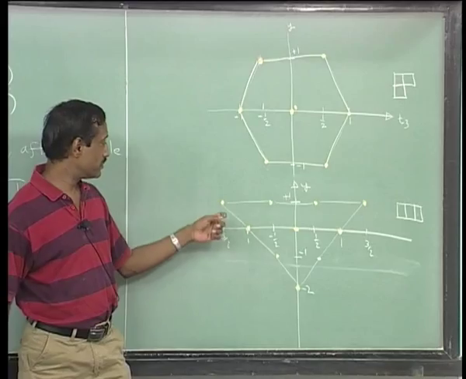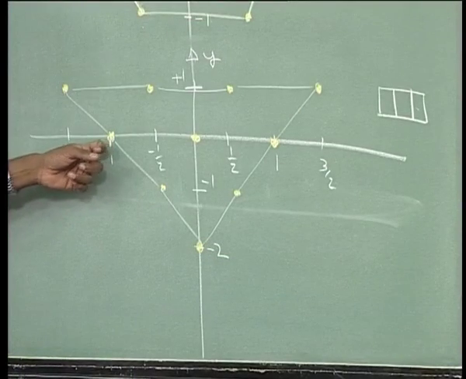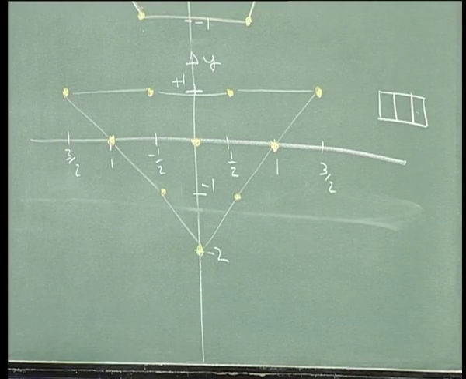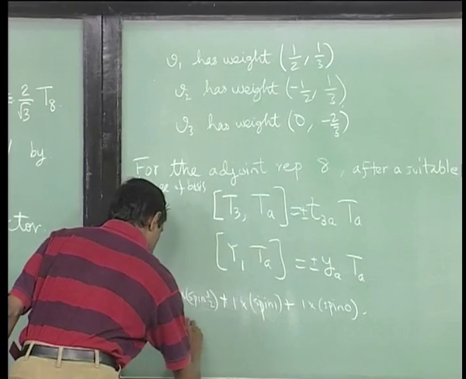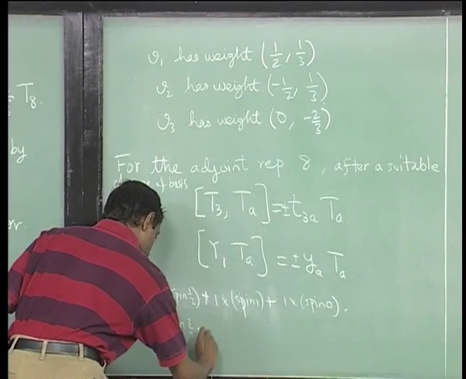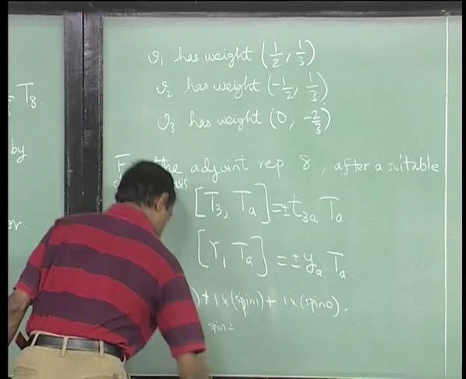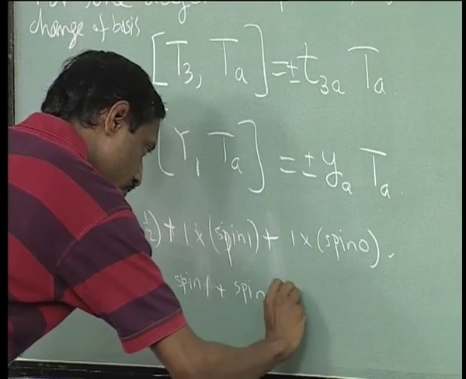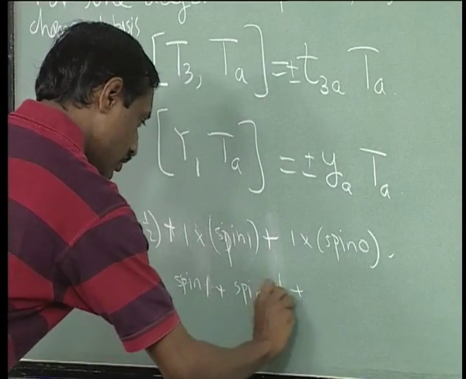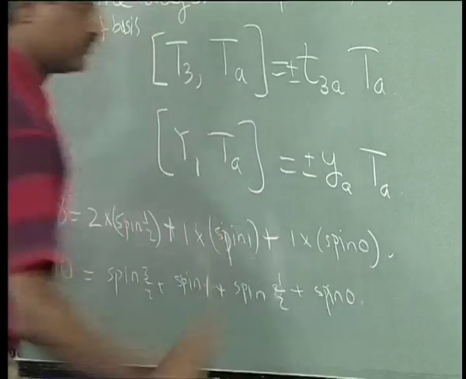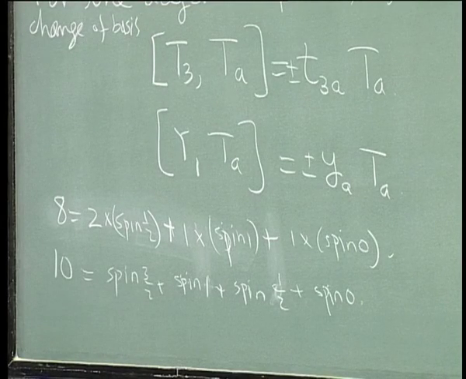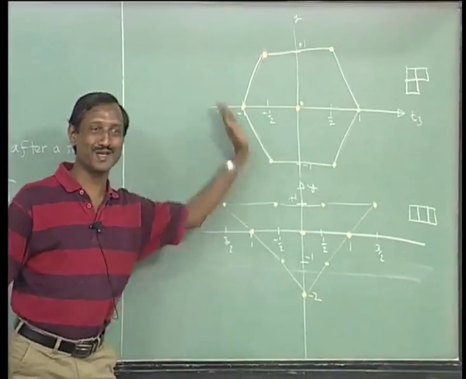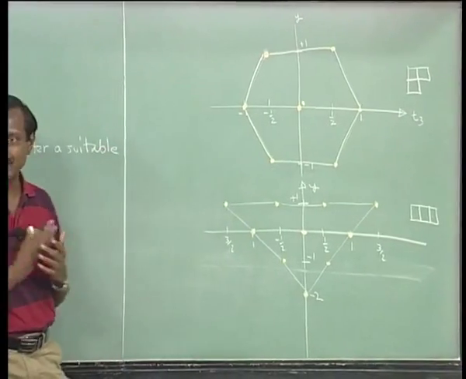It is 1 copy each of spin 3 half, spin 1, spin half and spin 0. So this picture tells you a lot more than that. It also gives you the y eigenvalue, but it is useful to look at it one by one.